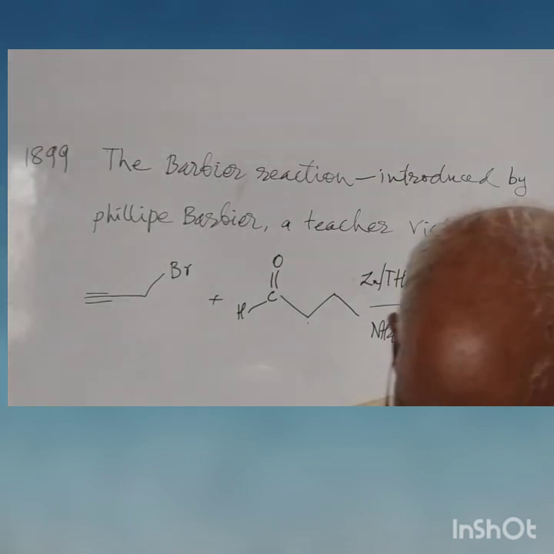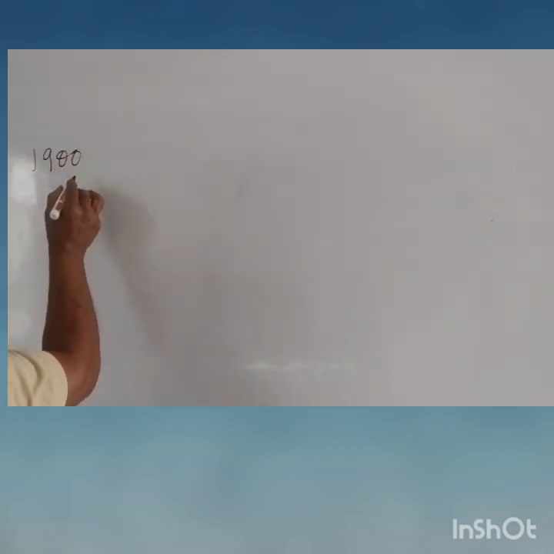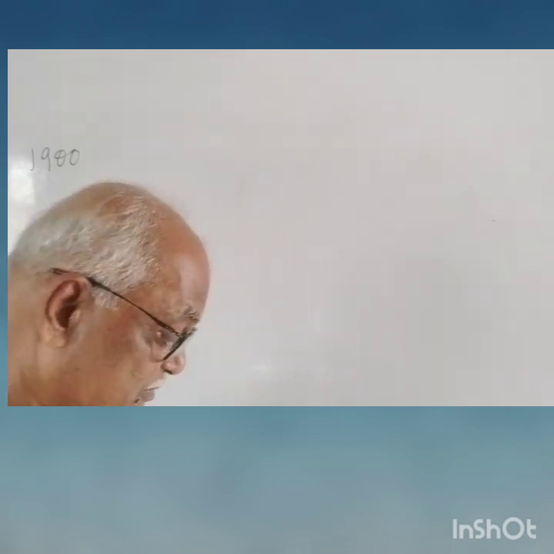The next event took place in 1900, when Grignard replaced the zinc with magnesium in the Barbier reaction.